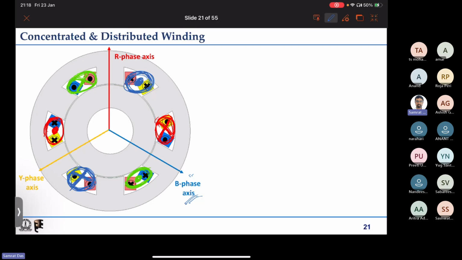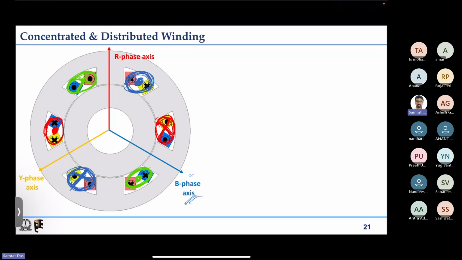Now you can see that we have the same machine construction, but we can realize it in some other way also. There are other ways of realizing this other than the concentrated winding. This is because the coils are distributed.